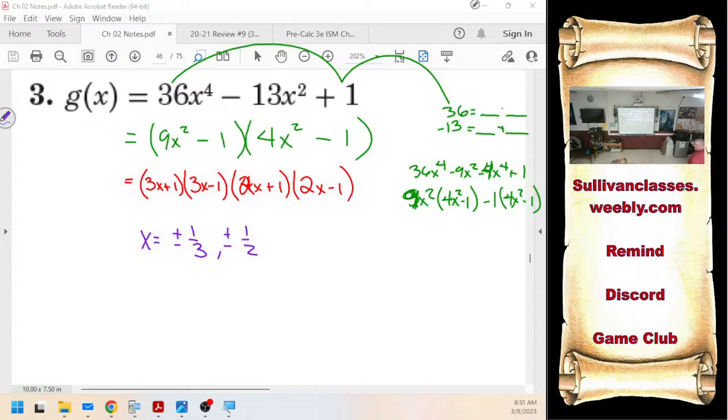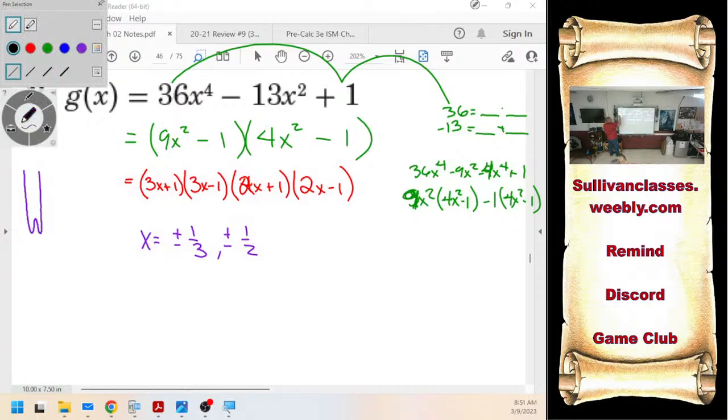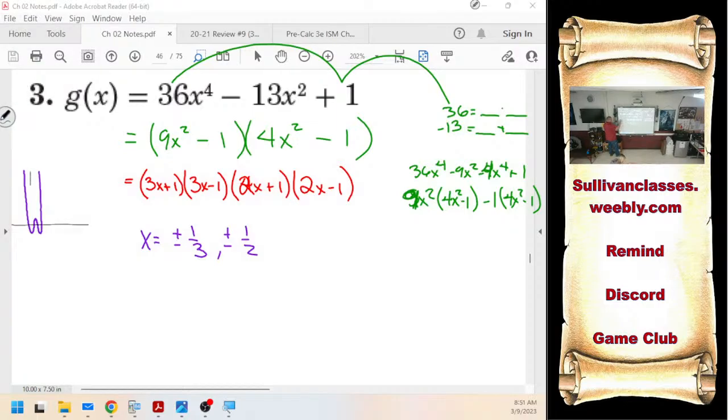Very squishy. Right? You get a big W like this, where all of those zeros are in the interval from -1 to 1.